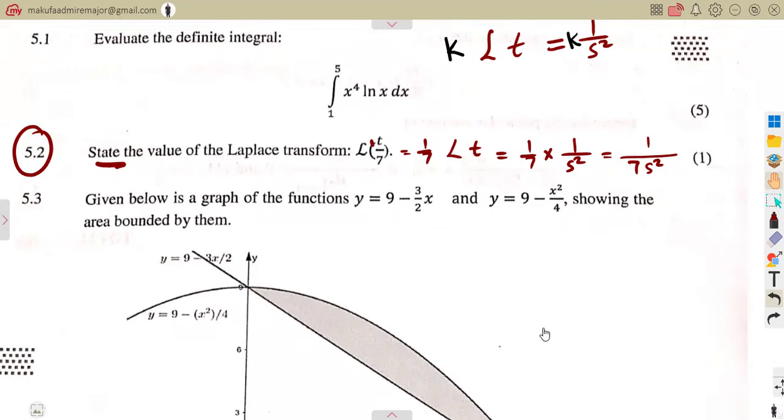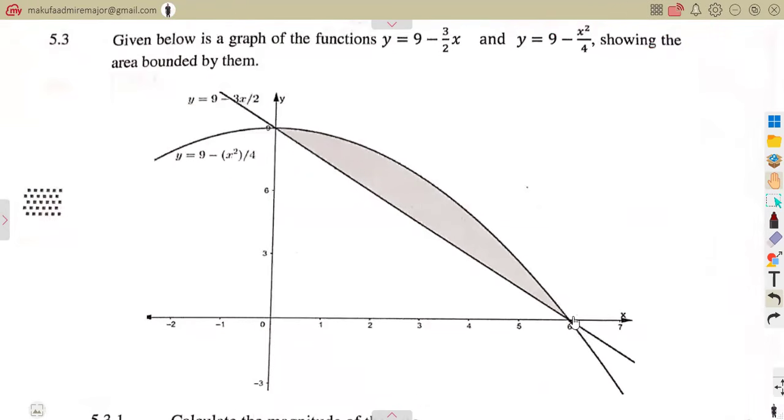All right, 5.3, given below is the graph of the functions f of x, which is 9 minus 3x, and another f of x, which is this one, of 9 minus x squared over 4.